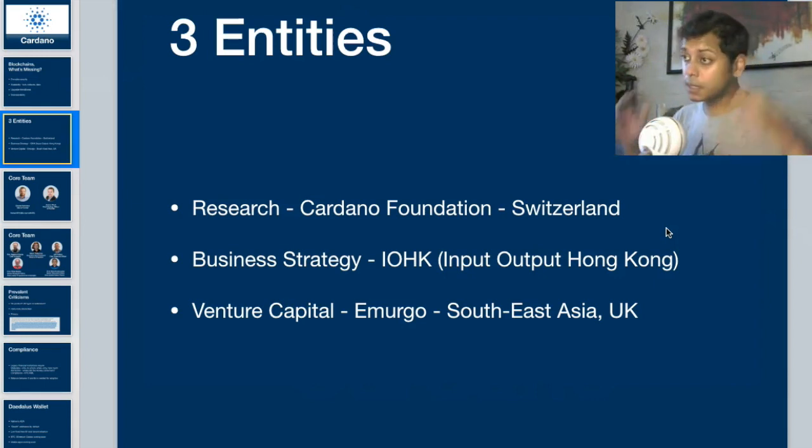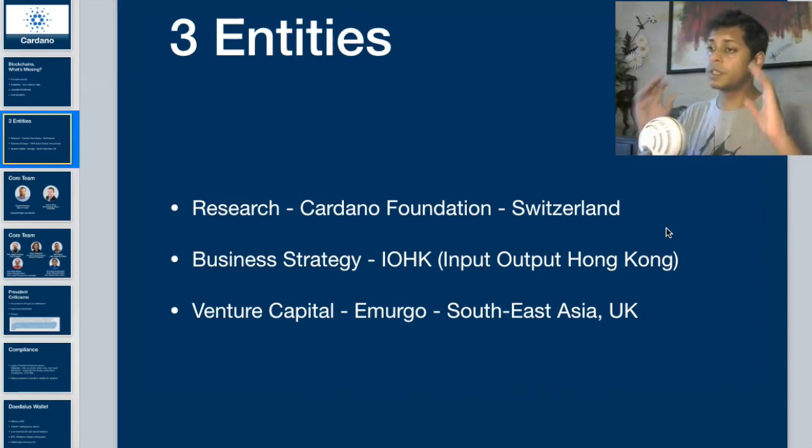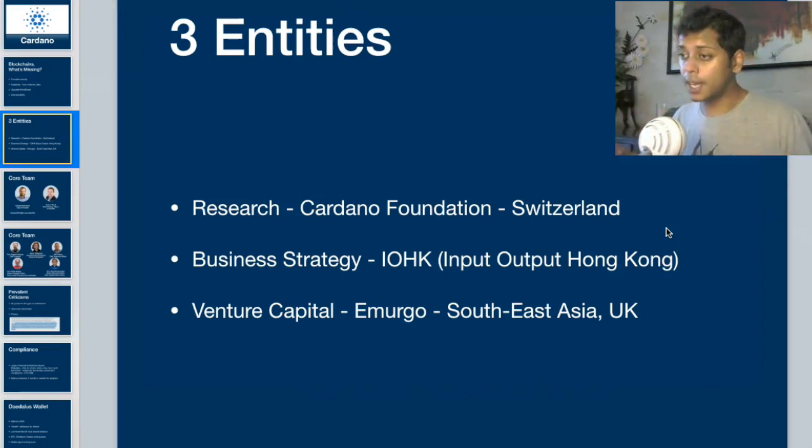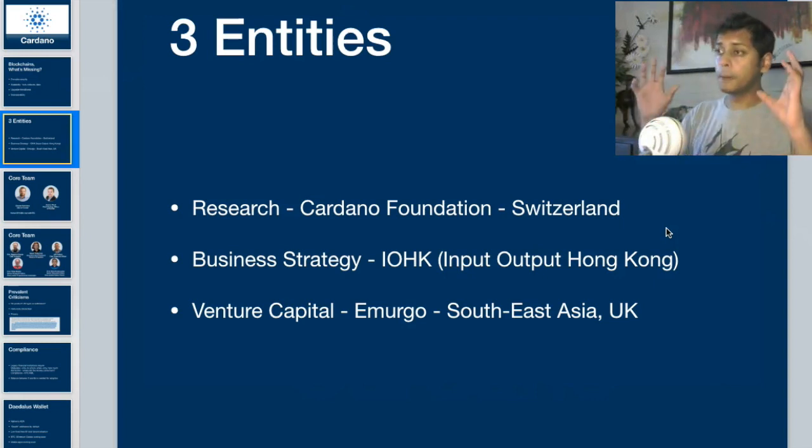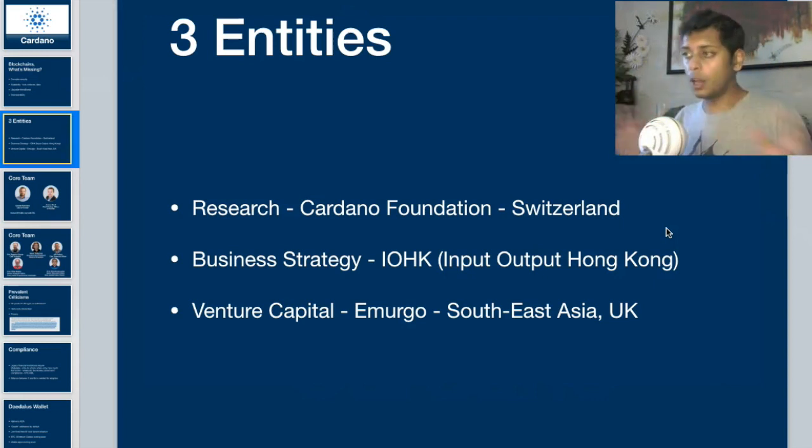And then the next leg is the business strategy side of things, which is done by a company called Input Output Hong Kong, based in Hong Kong as the name suggests. This is the company behind the project, and Charles Hoskinson is the head of this company. I should get more into the team a little later in the next slide, but this is where a lot of the major work is actually happening when it comes to putting the research ideas into practice.